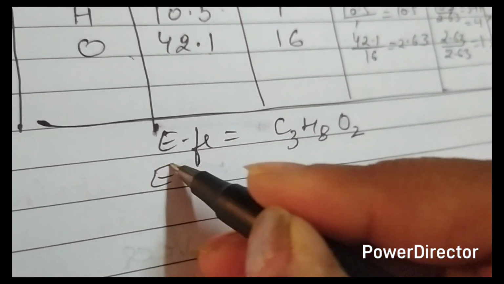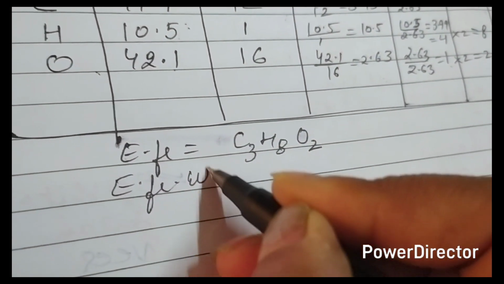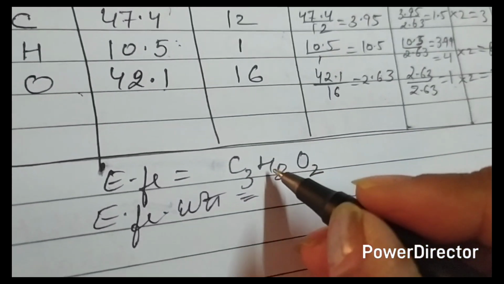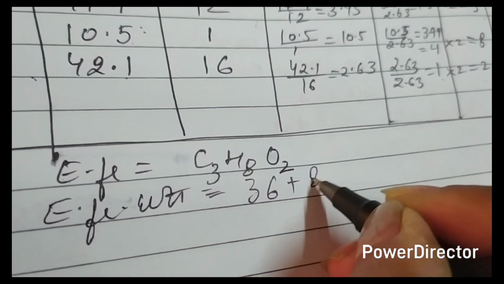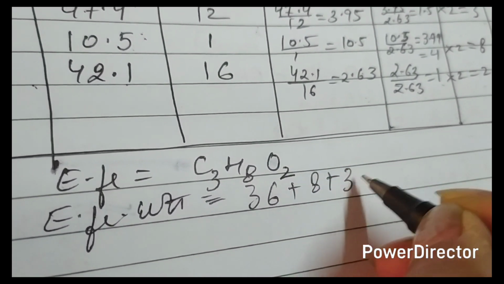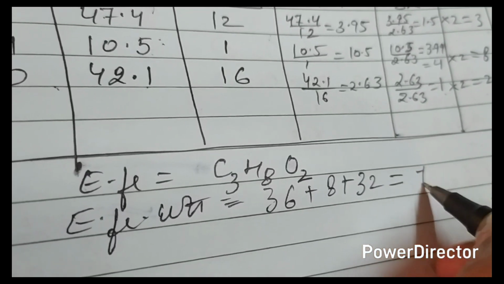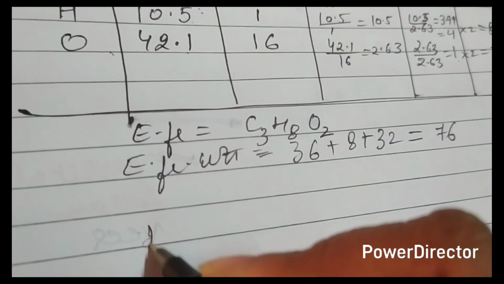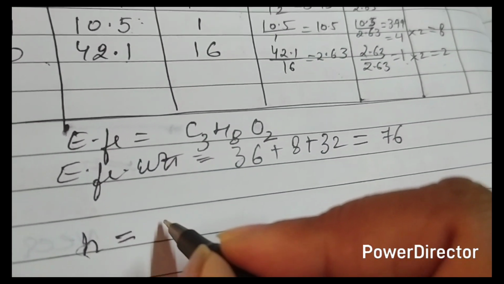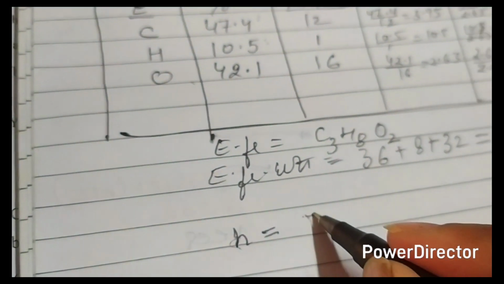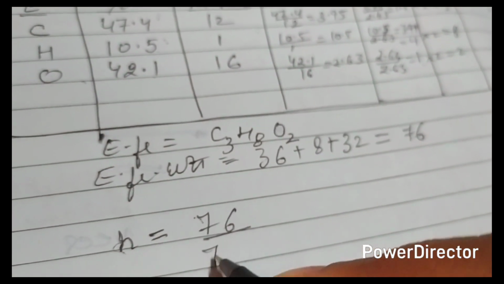C3H8O2. Then the empirical formula weight will be equal to 12 threes are 36 plus 8 plus 16 twos are 32, so you will get 76. Then we'll find the atomicity. n is equal to RMM, that is again given here as 76, the molecular mass. So you will write here molecular mass divided by empirical formula mass.